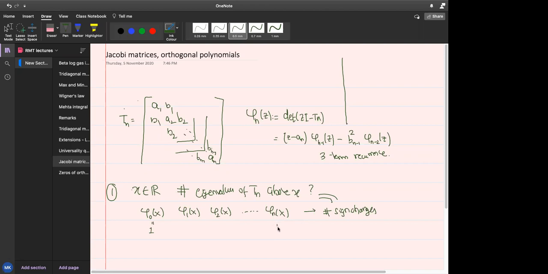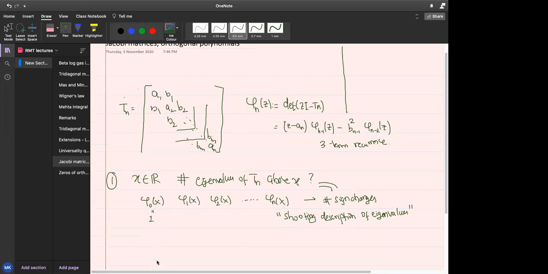This is called the shooting description of eigenvalues. Why shooting description? What it means is like this.